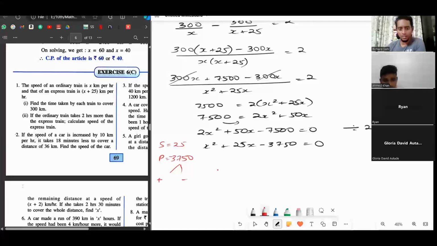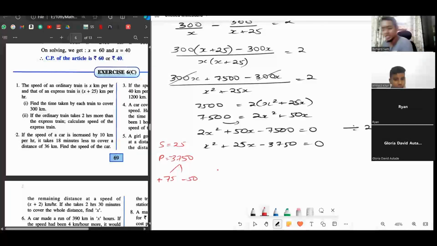How did we get 3750 or 7500? After dividing by 300. 300 into 25. 75 and 50. 75 and 50 are your two numbers.